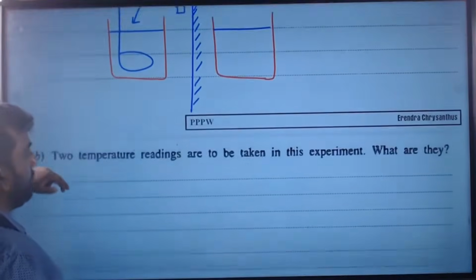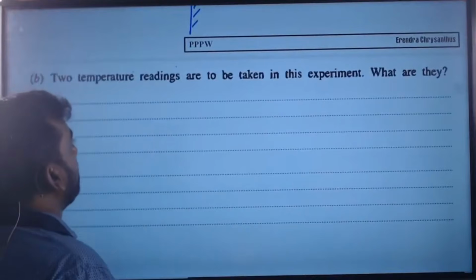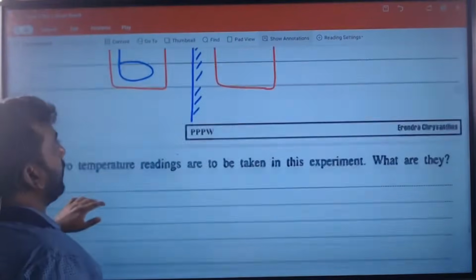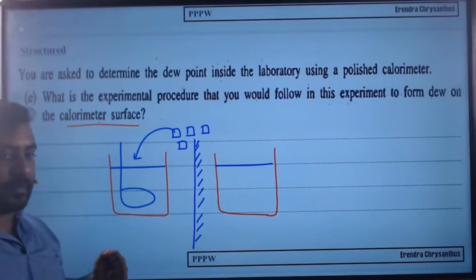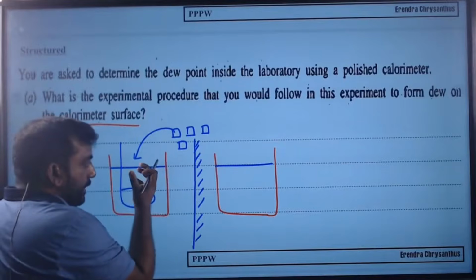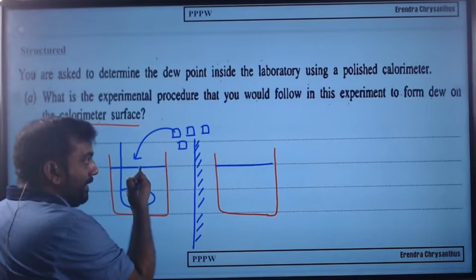Next one. Two temperature readings are to be taken in the experiment. What are they? Initially, the brightness of the calorimeter will disappear.